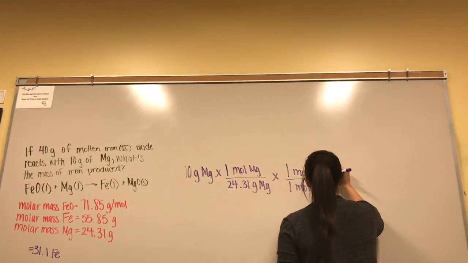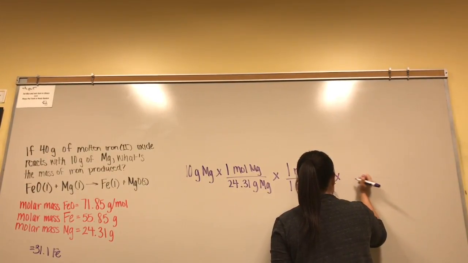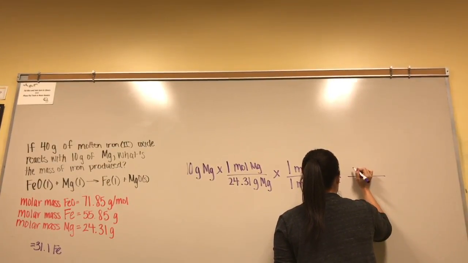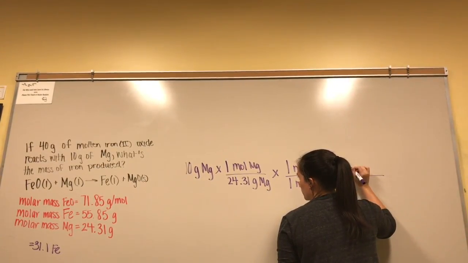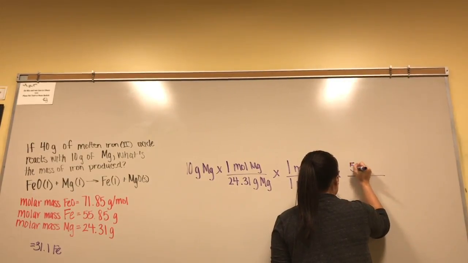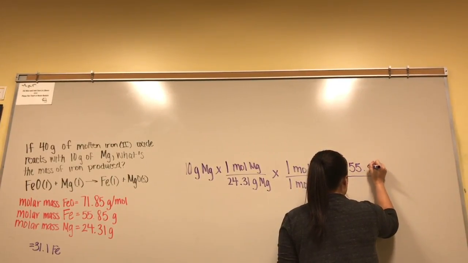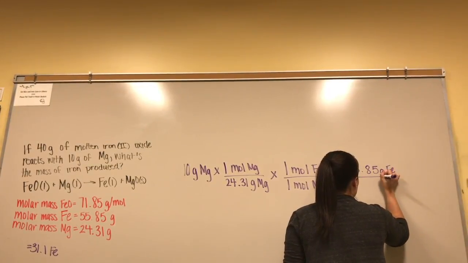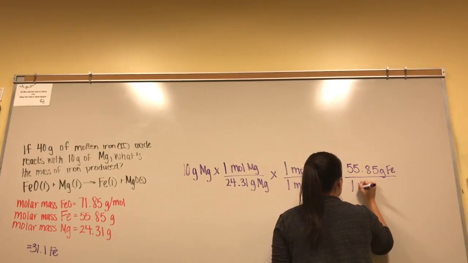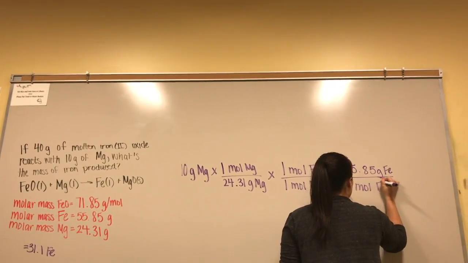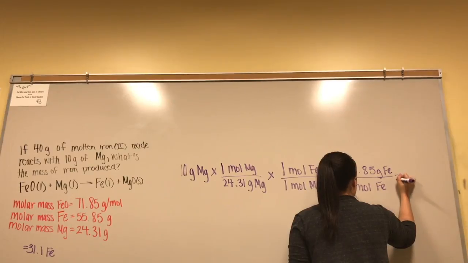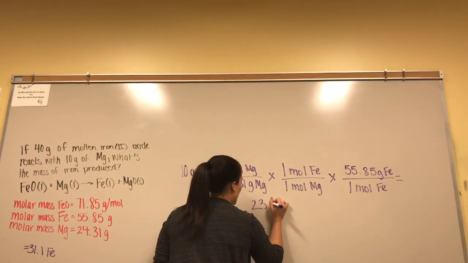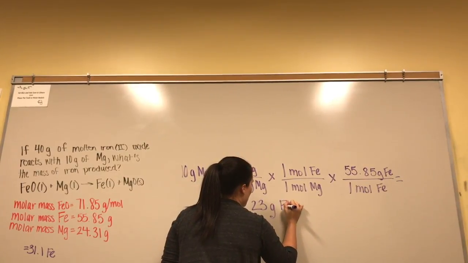And then to cancel out the moles of iron so that you're left with the mass of iron, you do the mass of iron, which is 55.85 grams, over 1 mole of Fe, and you're gonna be left with 23 grams of Fe.